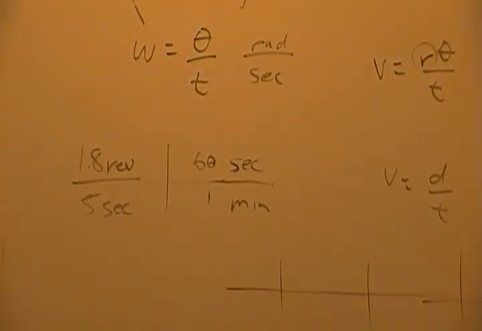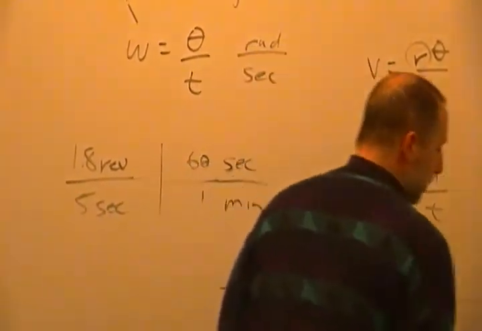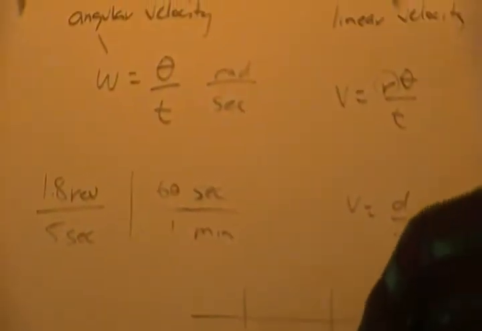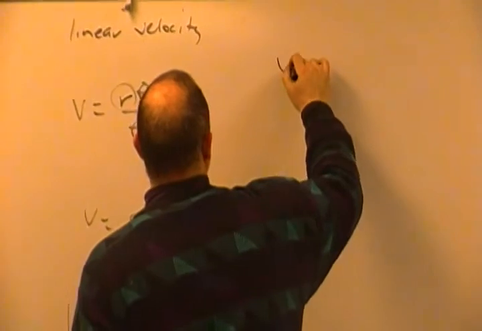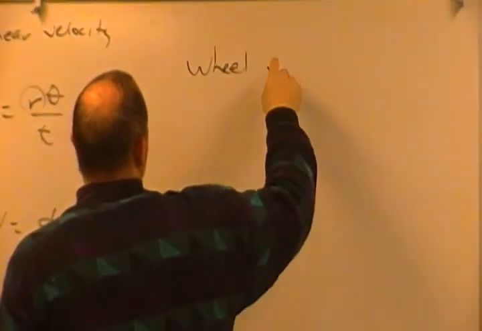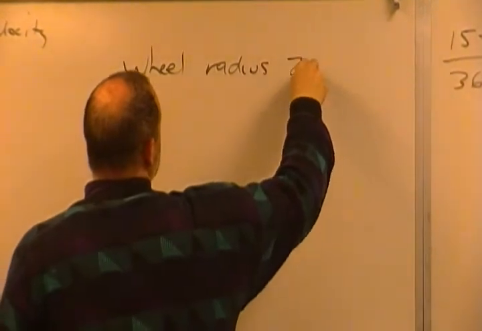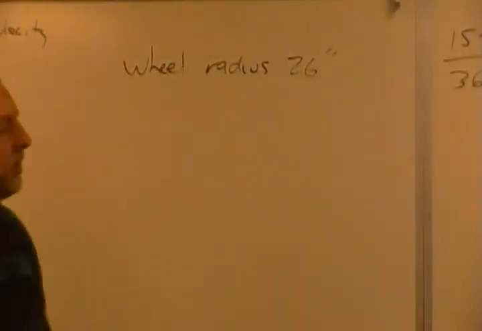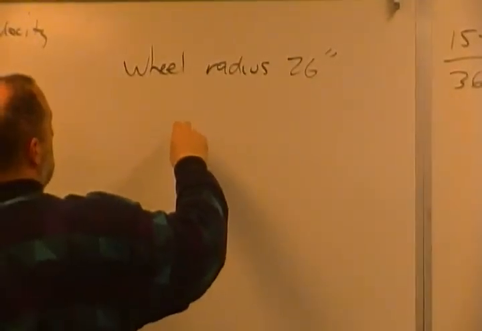How about figuring out linear velocity? What if I told you that a wheel of radius 26 inches, that's your standard bicycle tire. Wheel of radius 26 inches. What is that? 26?